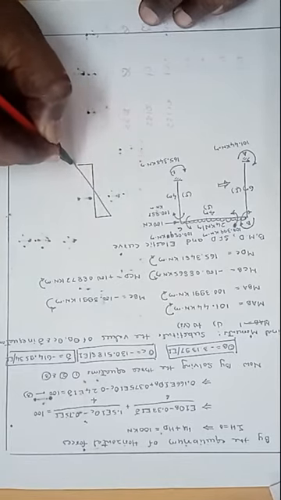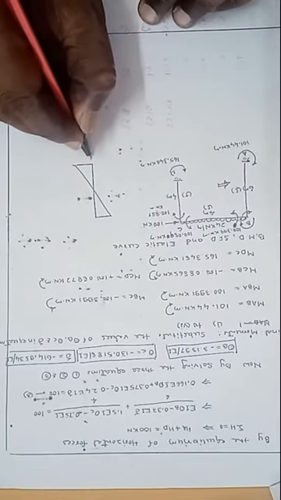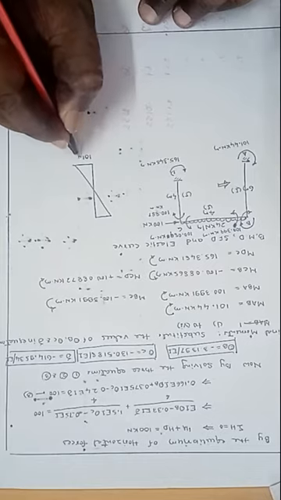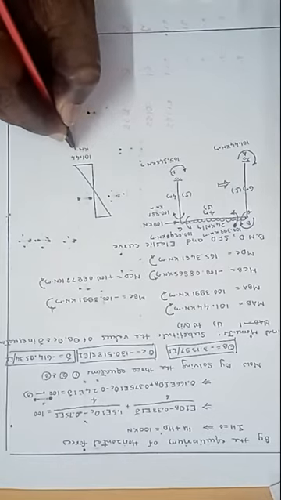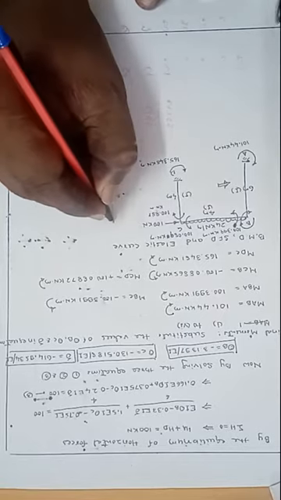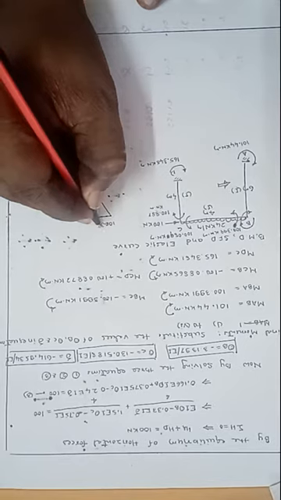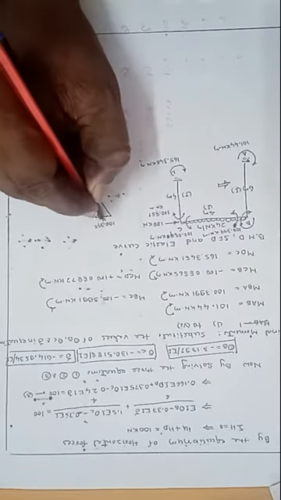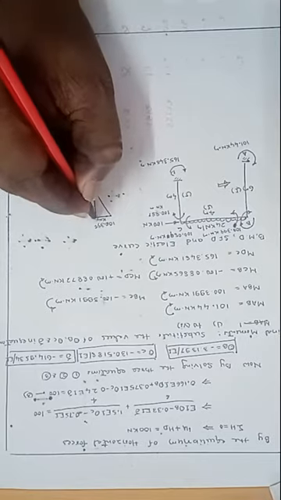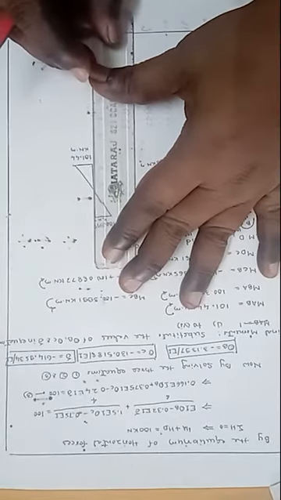This is the bending moment diagram for this one, that is 101.44 kilonewton meter, and this one is 100.399 kilonewton meter. Then this is for the vertical member.